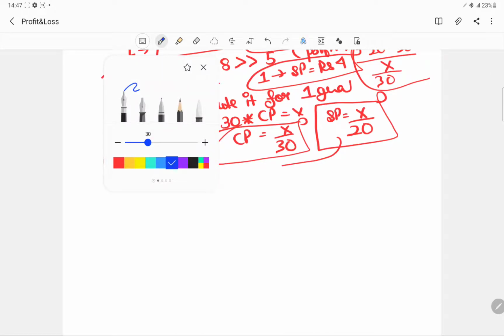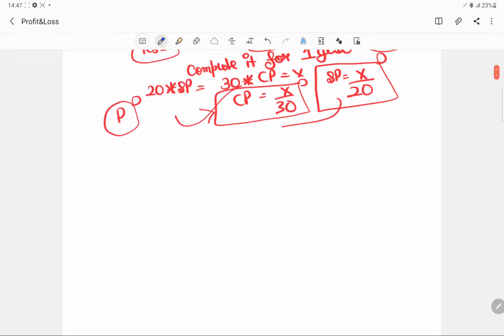Okay, so now the other concept that we have is called marked price, or discount. So let's see what this actual concept is. This is a more generalized concept.